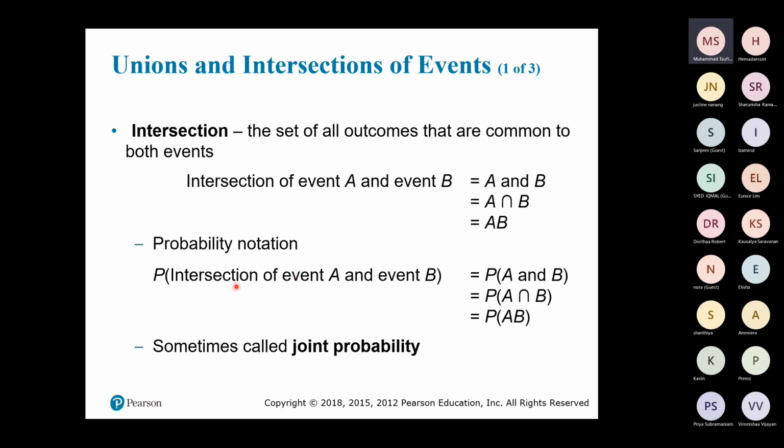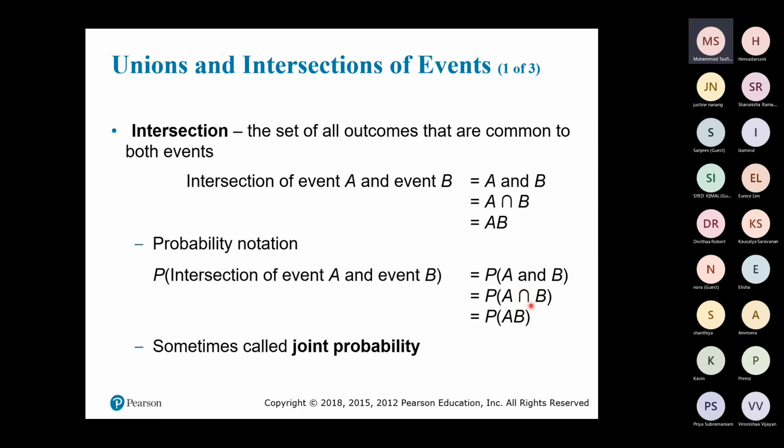Okay, and then when we want to calculate the probability, we write P in brackets A and B, or you can write probability in brackets A ∩ B. The upside-down U like this is what we call the intersection symbol.